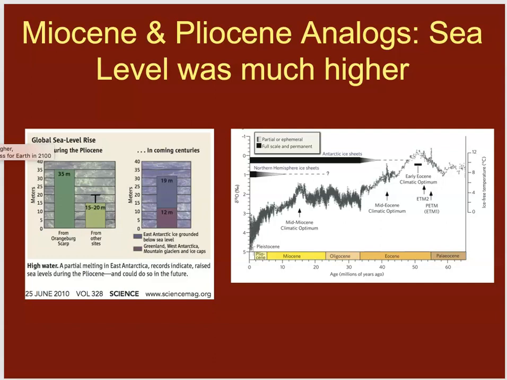So the Eocene was super warm, and then you get closer to today where the mid-Miocene was also warm, and then there's something called the Pliocene, where there was a piece of the Pliocene that was much warmer than today. The point of this slide is that the Miocene and the Pliocene Earths were warmer than today, but cooler than the extreme Eocene or Cretaceous, and had much higher sea levels.